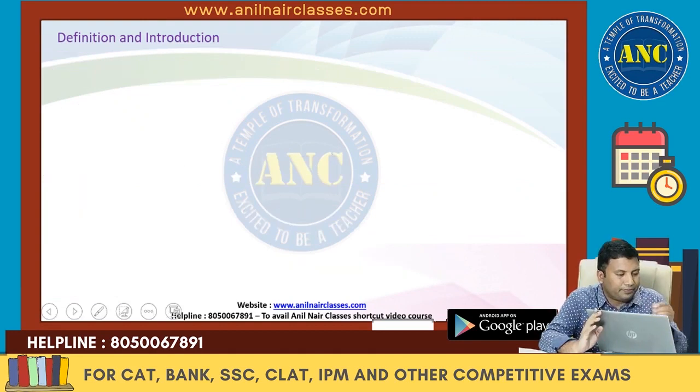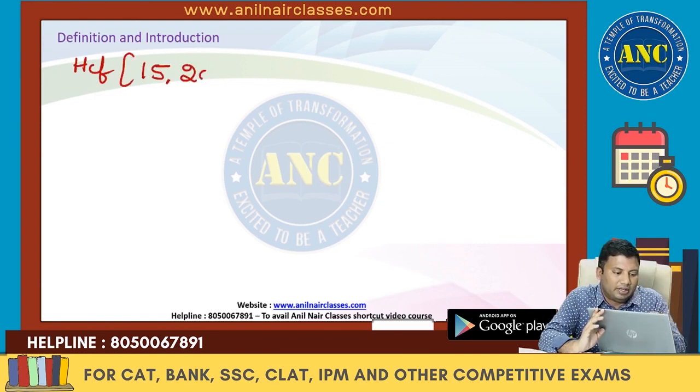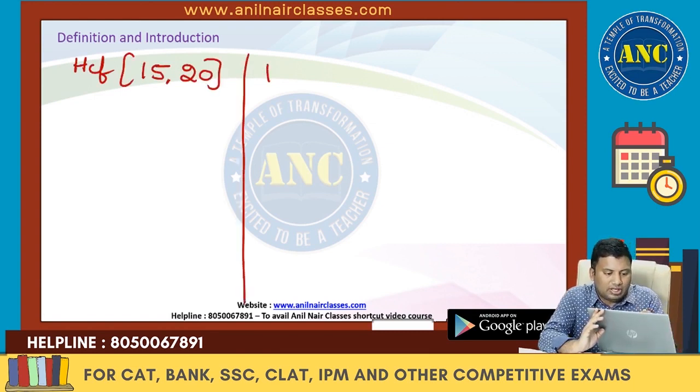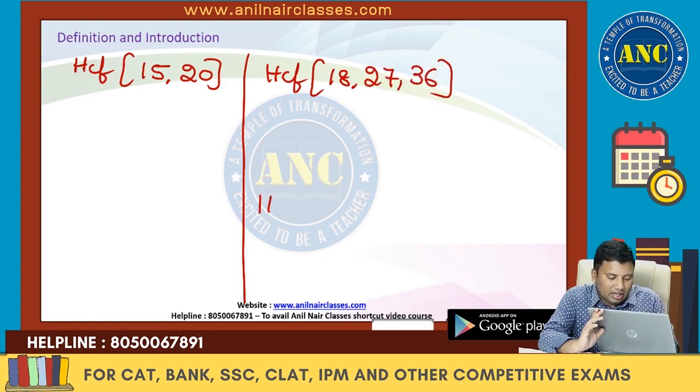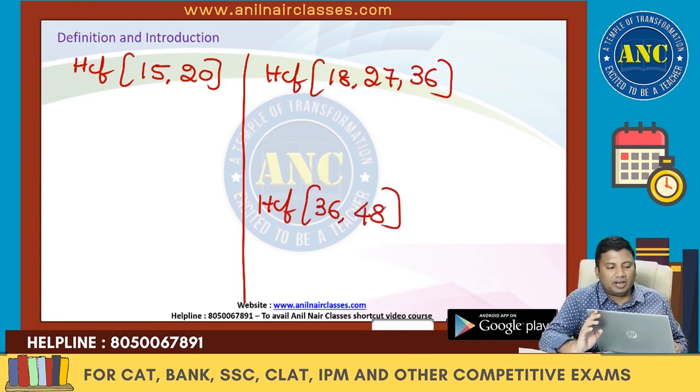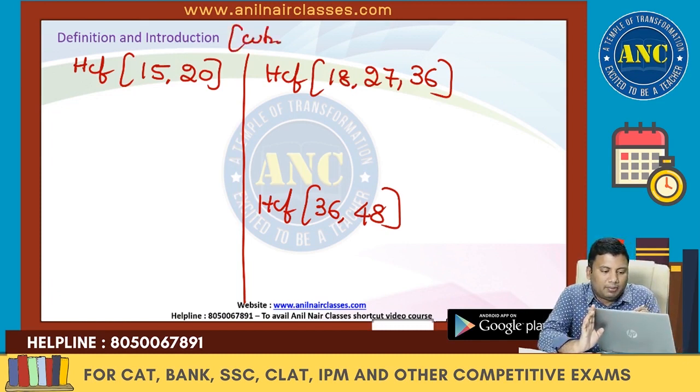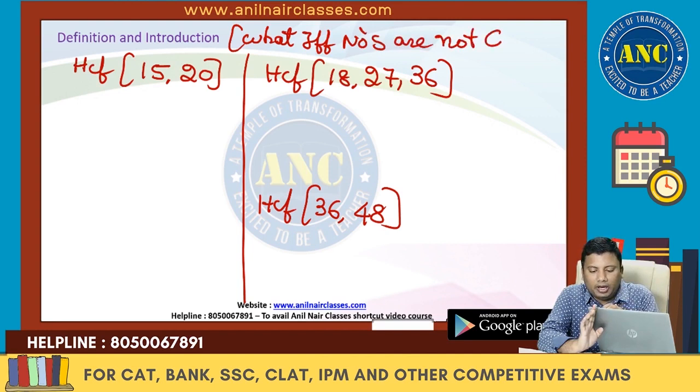Suppose if it is HCF of 15 comma 20, HCF of 18 comma 27 comma 36, HCF of 36 comma 48.